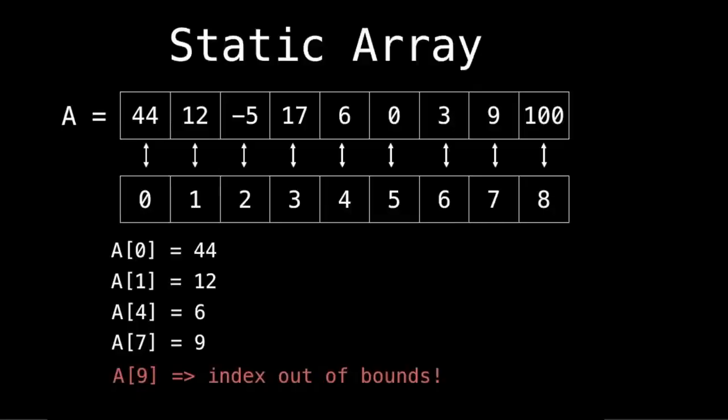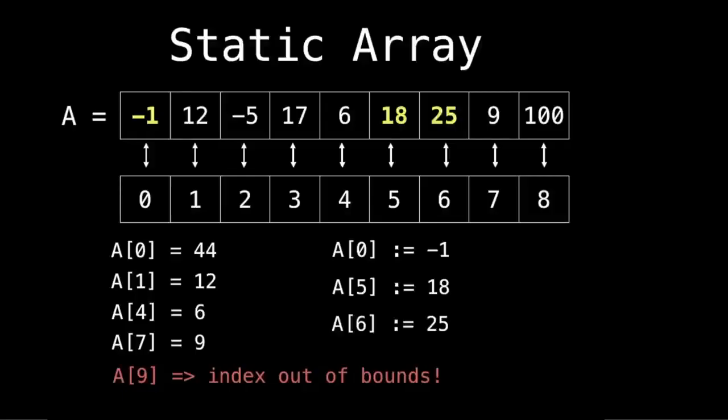Unless you're in C, it doesn't always throw an exception, unfortunately. Okay, now if we assign position 0 to be -1, that happens. If we assign index 5 to be 18, and if we assign index 6 to be 25.